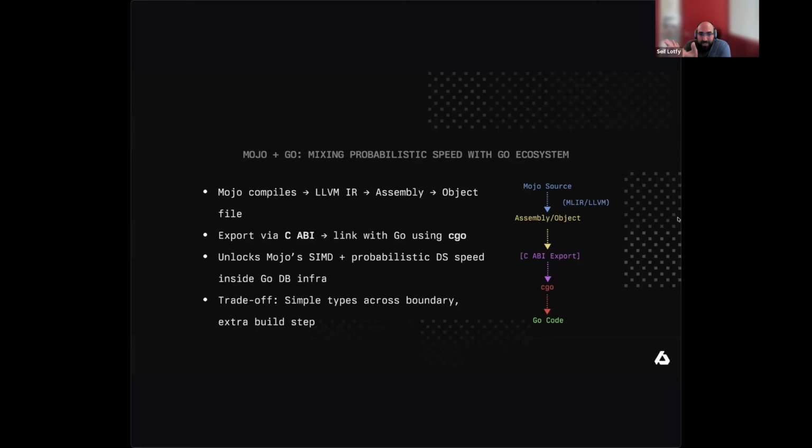So we're trying to see, Mojo already lowers to LLVM, so we can regenerate assembler and wrap it up in C and use it via CGO. And already we will see some improvements there on large scale data. And this is kind of the direction we're trying to take.